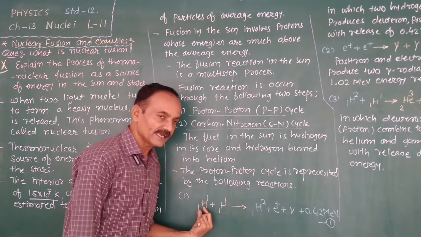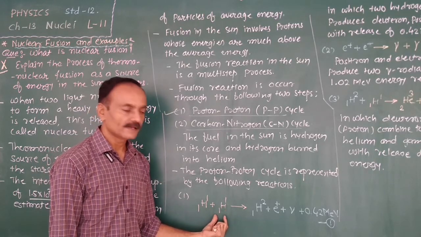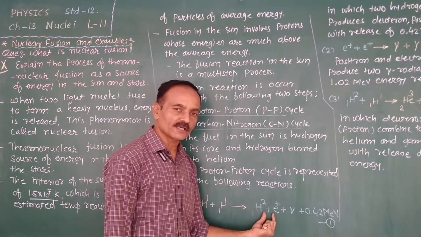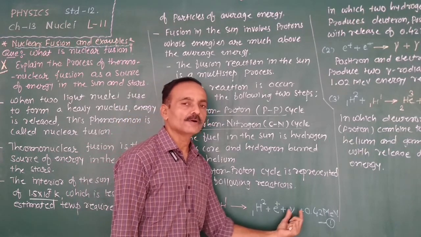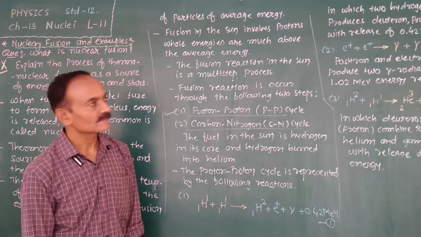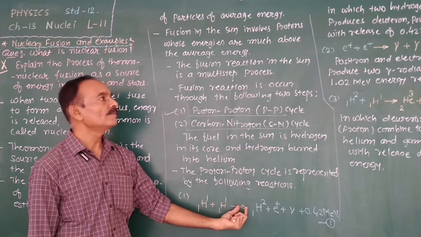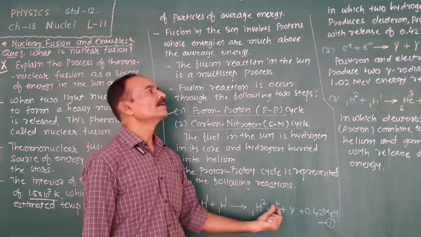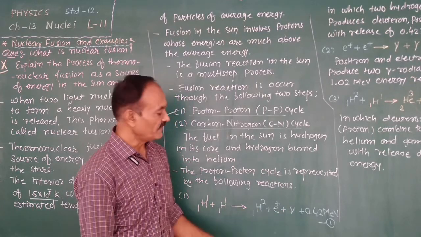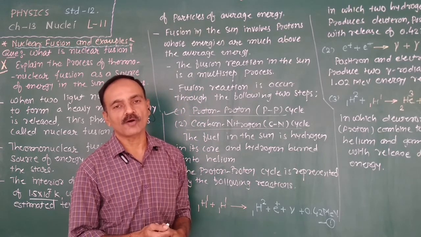Here the hydrogen or protons, the light nuclei, combine to form deuterium plus positron plus neutrino, and 0.42 MeV energy is released. So two hydrogens combine to form deuterium, positron and neutrino with the release of 0.42 MeV of energy.